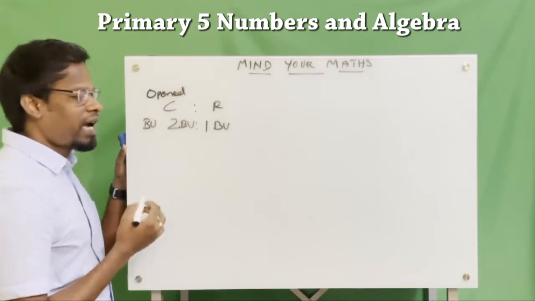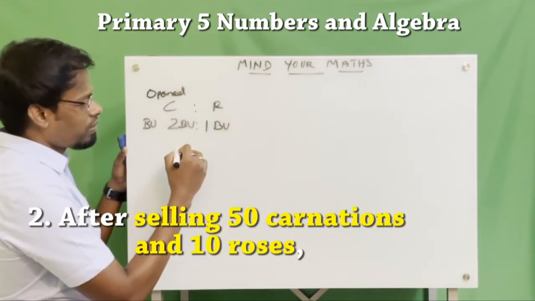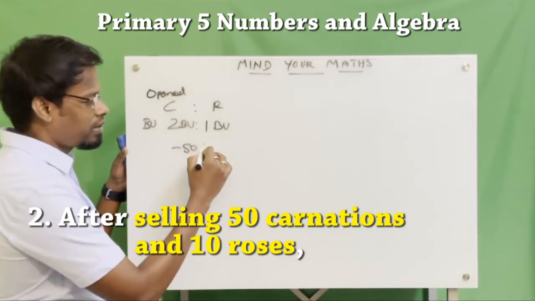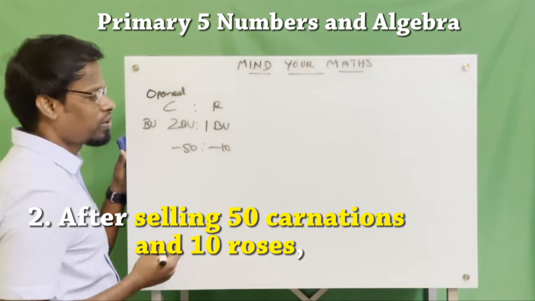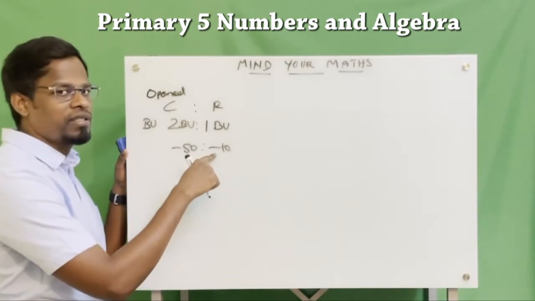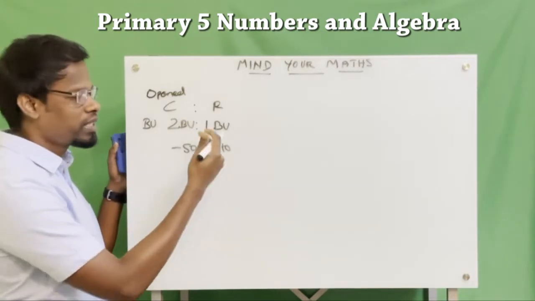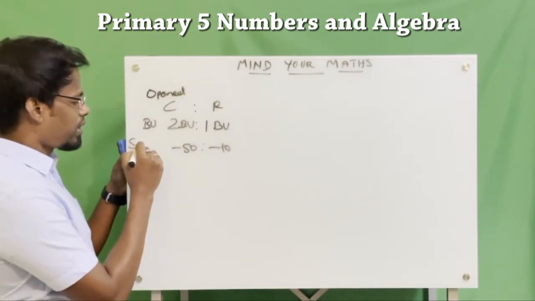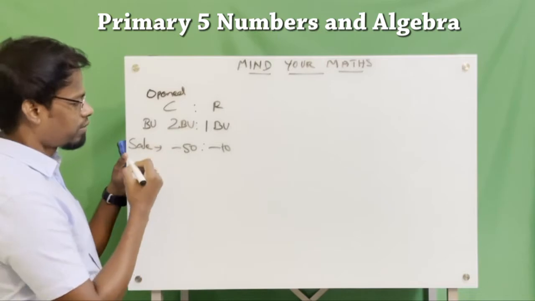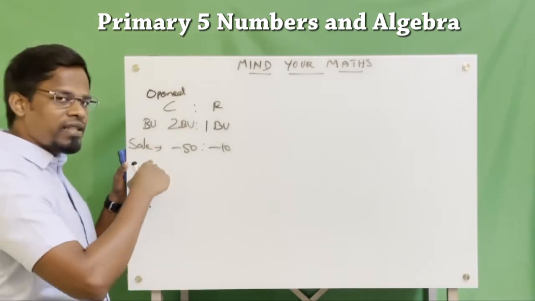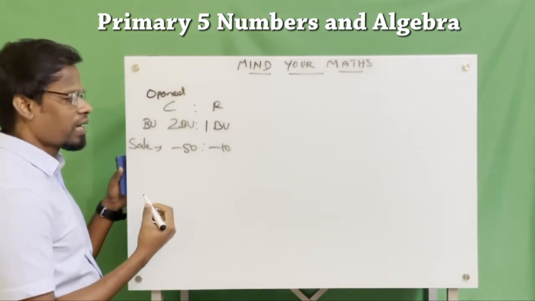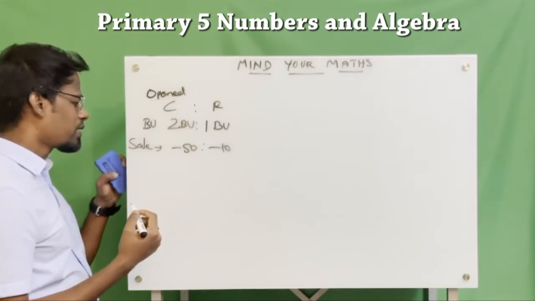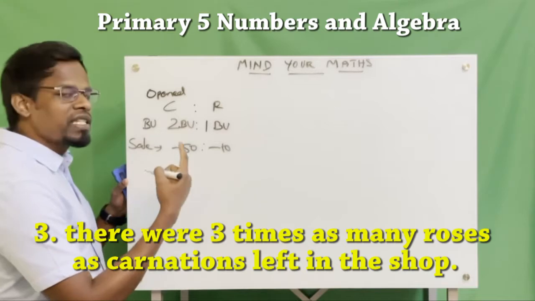Then a sale happened, where 50 carnations were sold off and 10 roses were sold off, which is subtracted, so we just take it out. After the sale, as per the problem, there were 3 times as many roses as carnations.